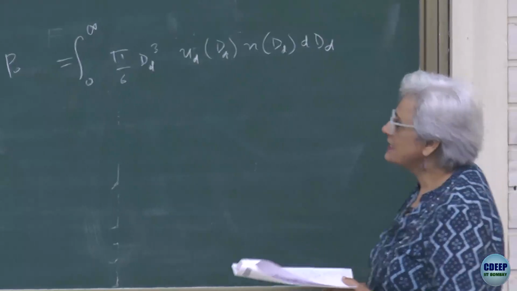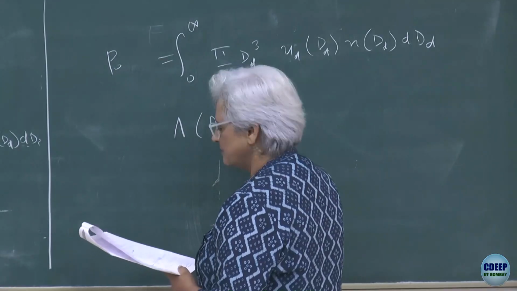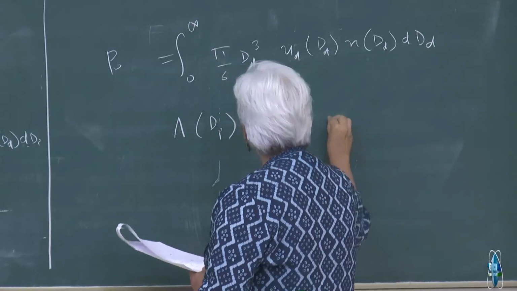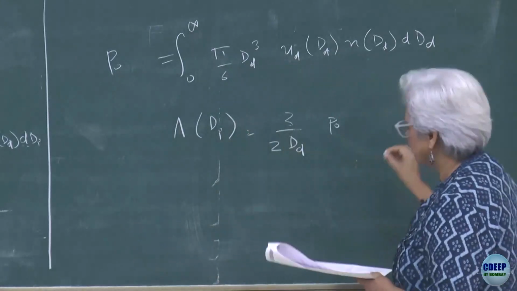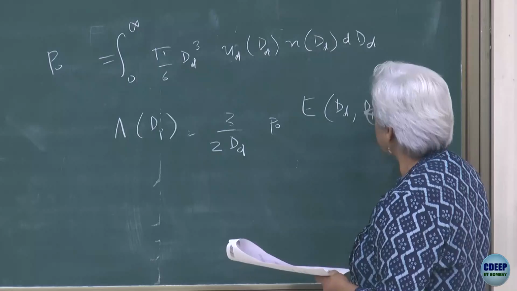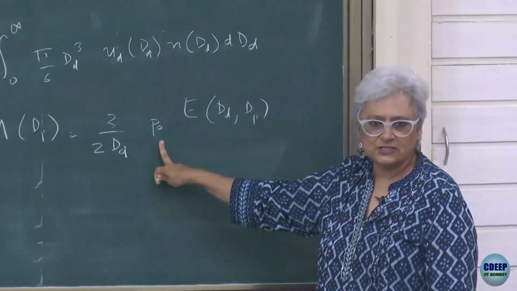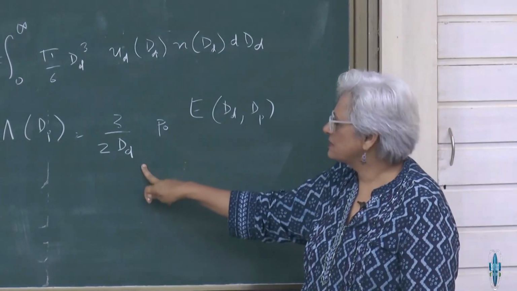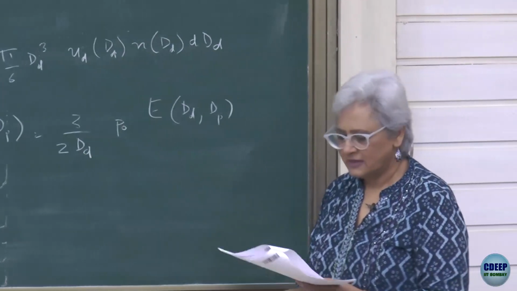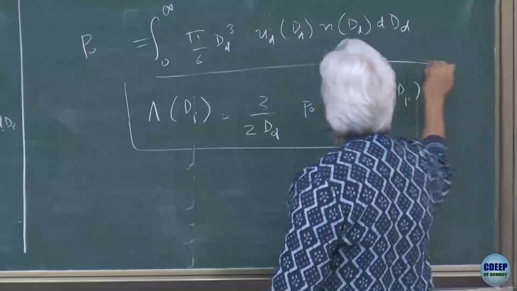So this is what I get, and so I can go ahead and rewrite my scavenging coefficient in terms of rain rate. Now, this whole thing is just the P naught, and all I have to do is divide this thing by one drop diameter and a coefficient, and then I have a neat expression now for scavenging coefficient.